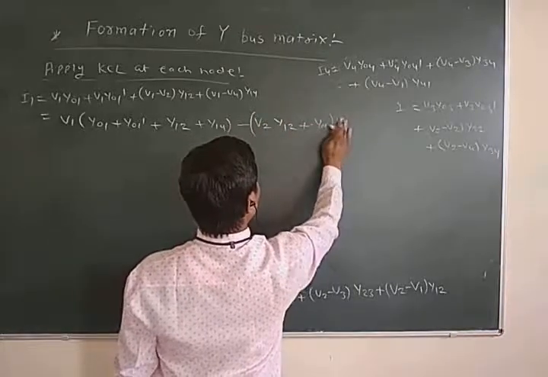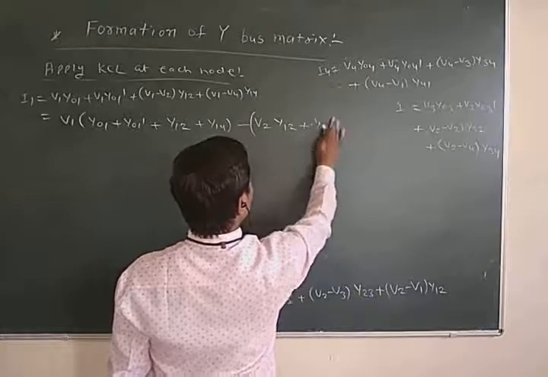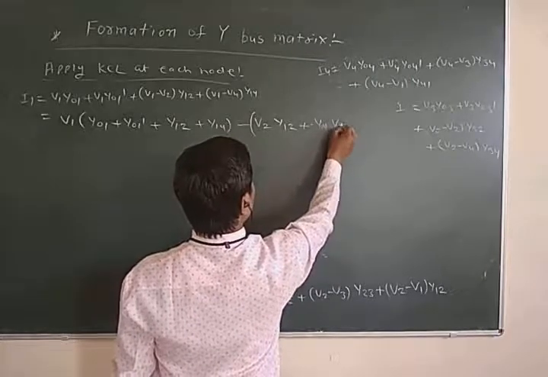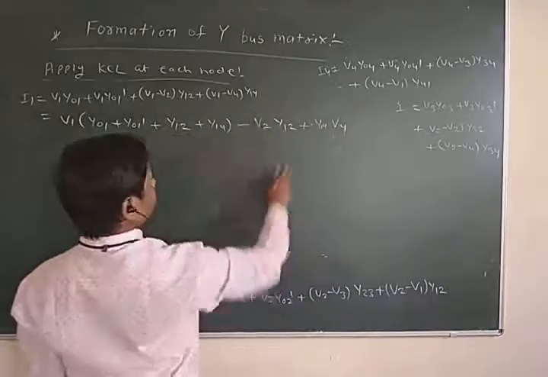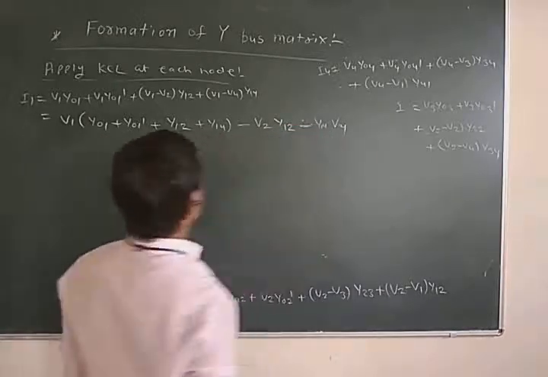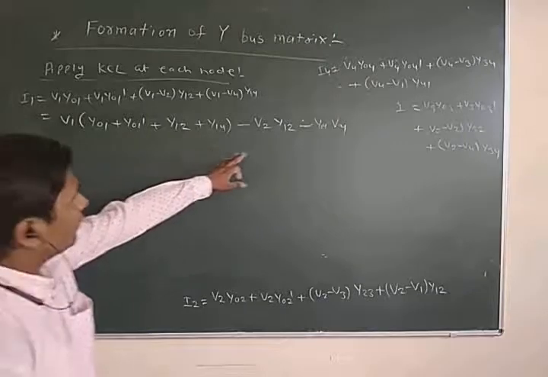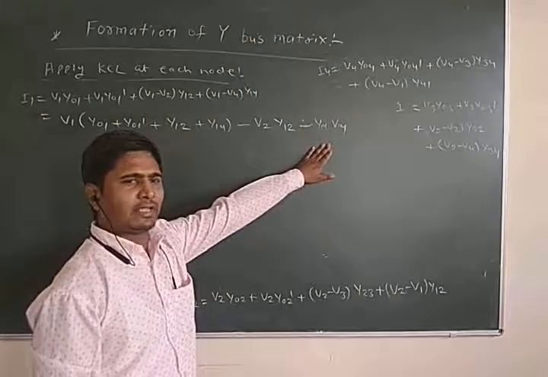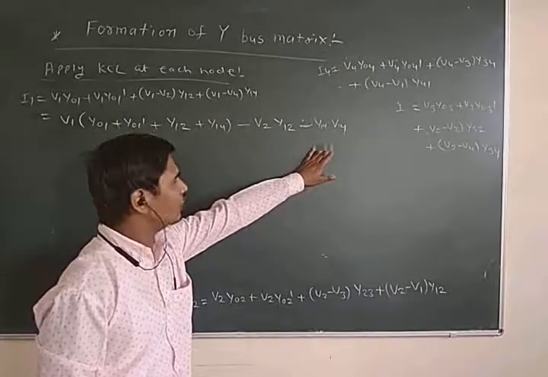Now this is the simplified form of equation number 1, or the KCL equation at node number 1.